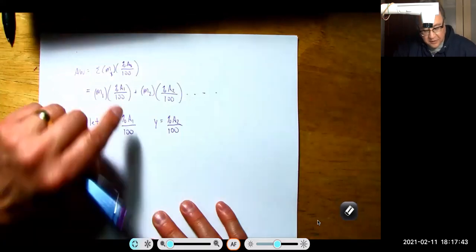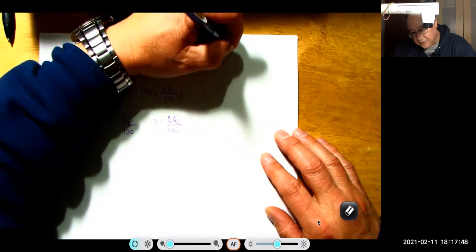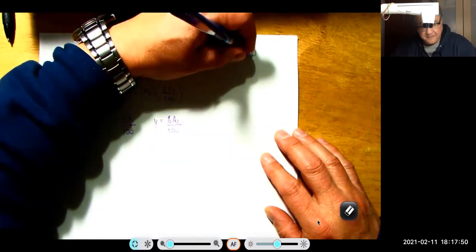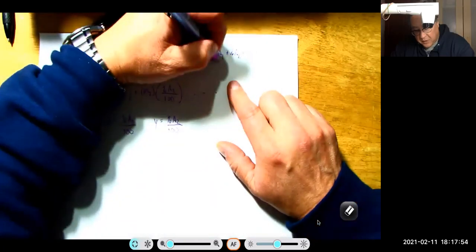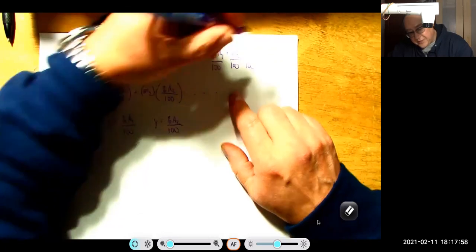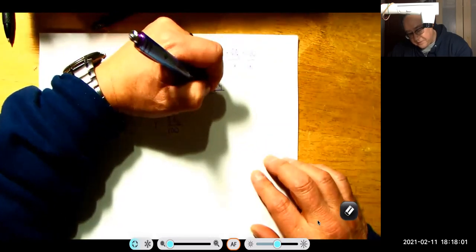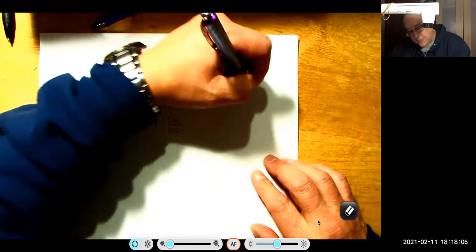And remember, percent abundance of 1 plus percent abundance of 2 is equal to 100, right? So if I divide each of these by 100, we get percent abundance of 1 over 100 plus the percent abundance of 2 over 100 is equal to 1.